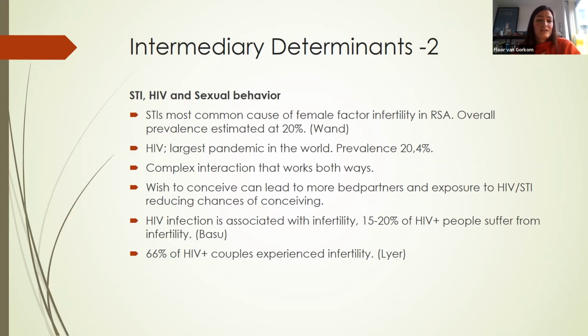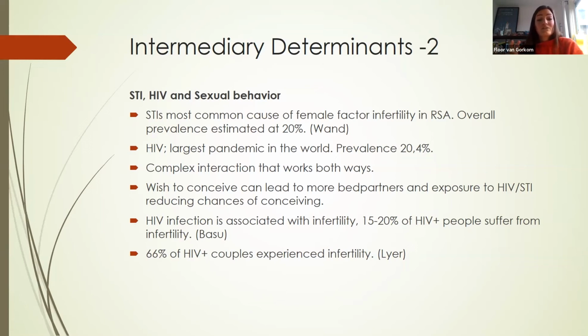And there's a complex interaction between HIV and fertility. First of all, when people desperately want to conceive, it can lead to more bed partners and exposure to HIV and STIs, which then also reduce the chances of conceiving afterwards.